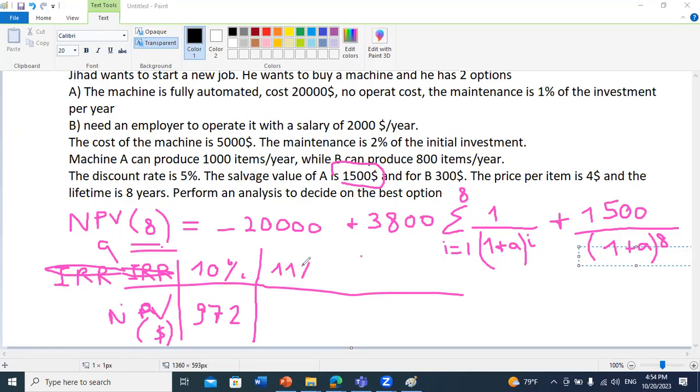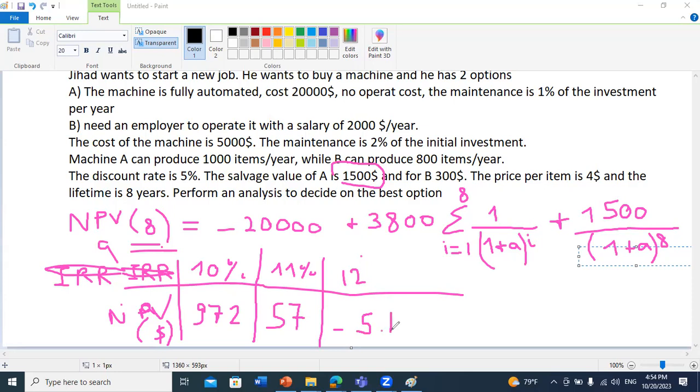If we do the calculation for 11%, we will get a value still positive, but now we are very close to zero. So now it's nearly $57. So we are close. Okay, now we can take 12%. If we take 12%, then we'll get a negative value, which is minus 5.17.